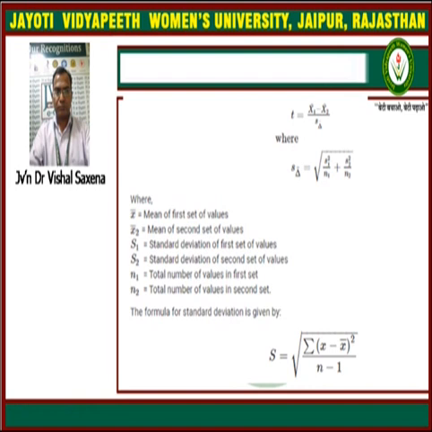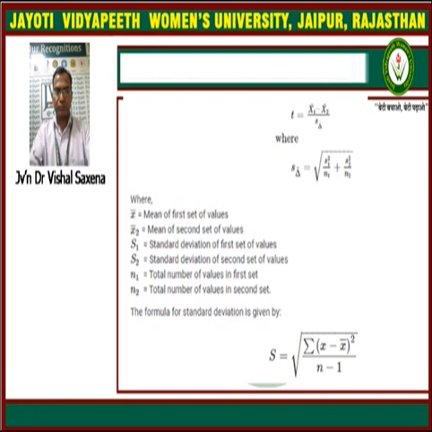So what are the notations for these formulas here? X bar always represents the mean of the set, so x1 bar is the mean for the first data set and x2 bar is the mean for the second data set.